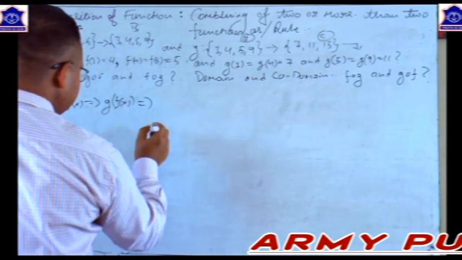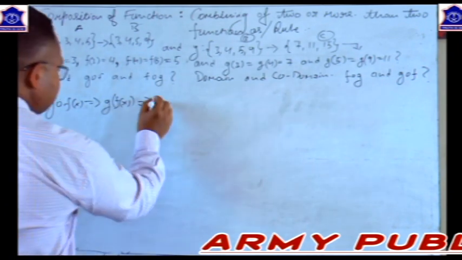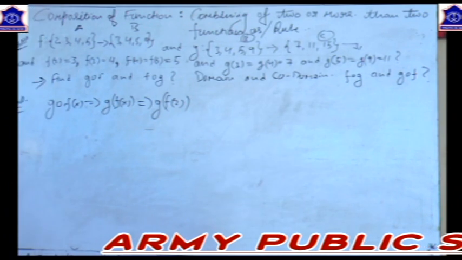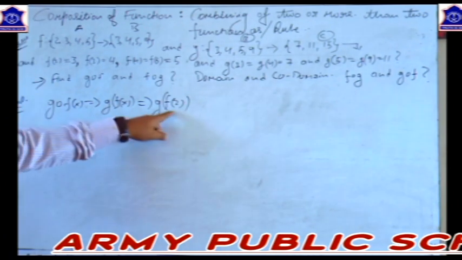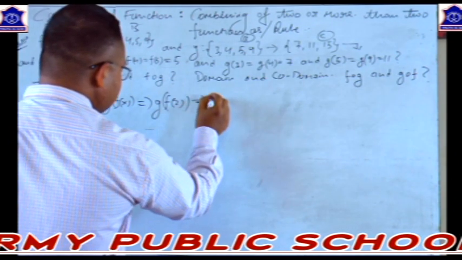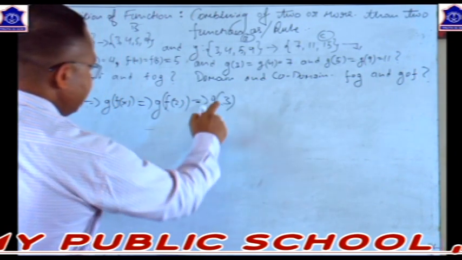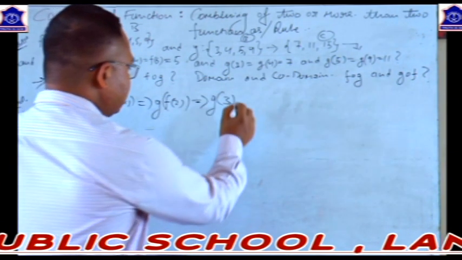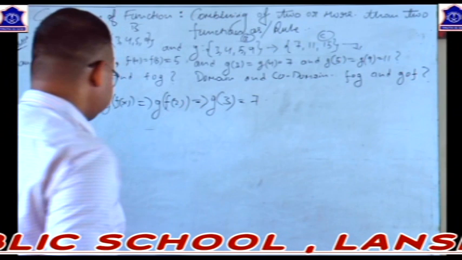The first element is 2, so it will be g of f2. The value of f2 is given here as 3, so g of 3, and the value of g3 is given here as 7, so here we get 7.